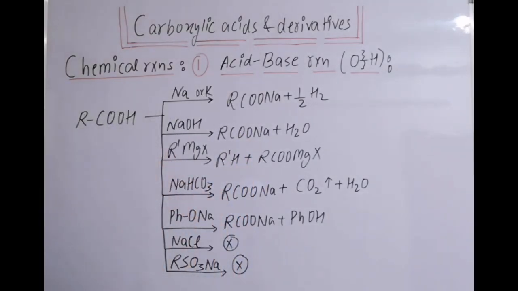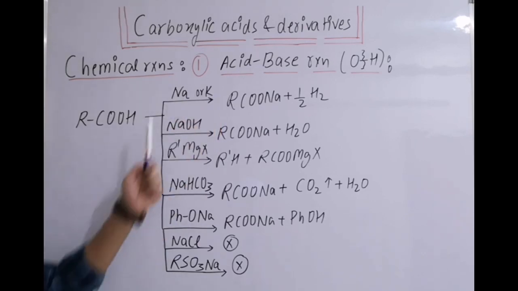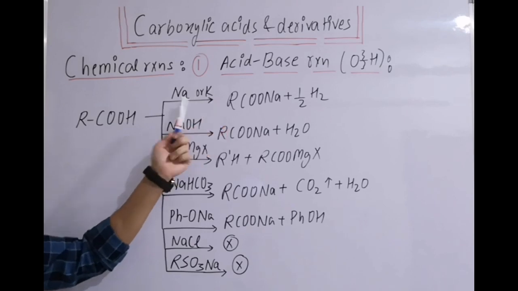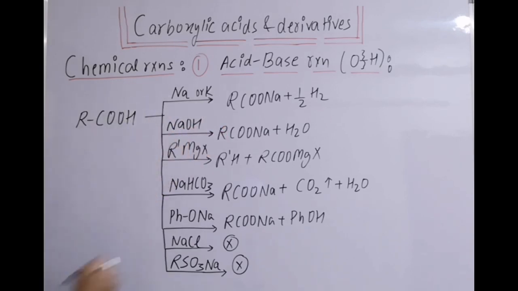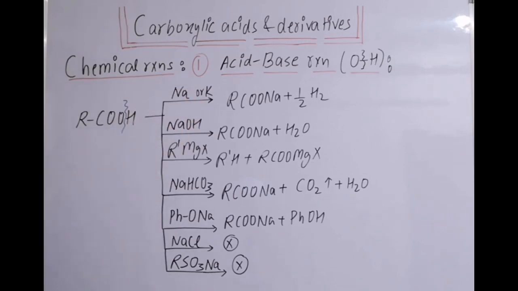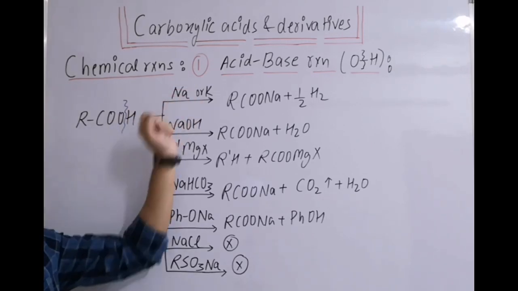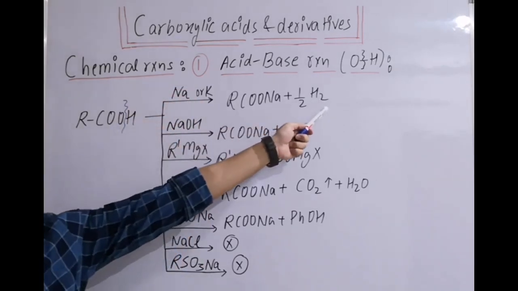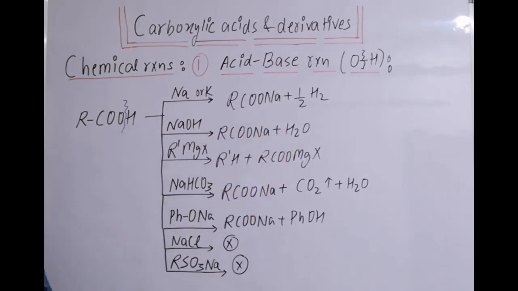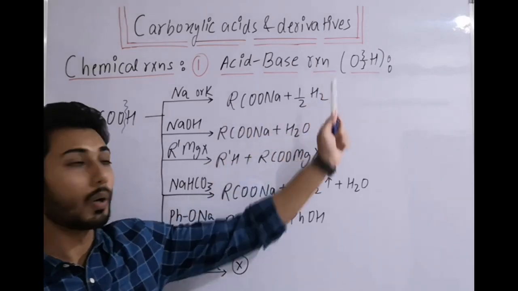Carboxylic acid reacts with active metals like sodium, potassium, zinc, or aluminium. Which bond is cleaved? This bond is cleaved, and H+ is released; that H+ takes electrons from the active metal and H2 gas is evolved. That is also an indication that the given compound contains acidic hydrogen: salt is formed and H2 gas is evolved.